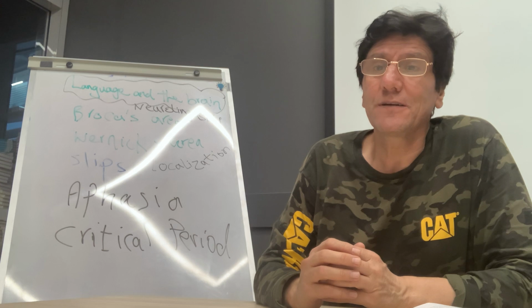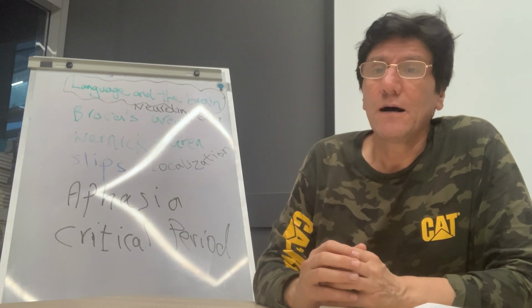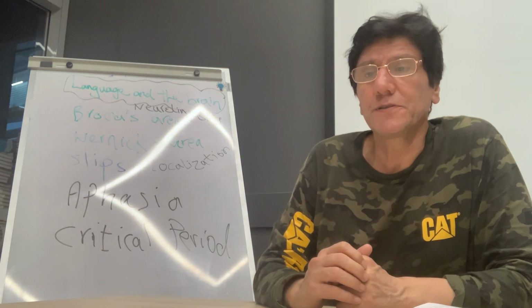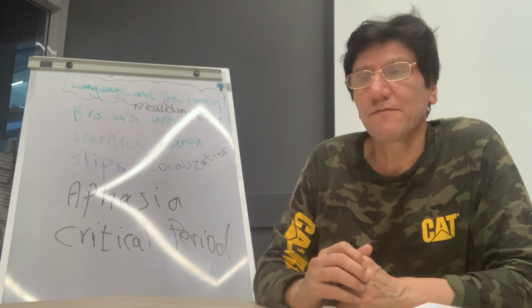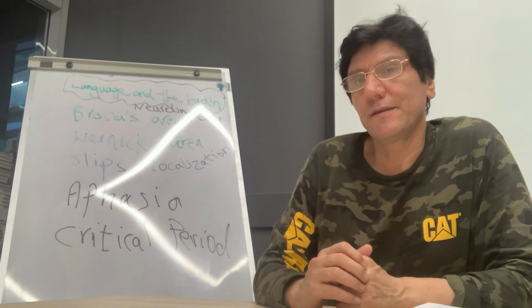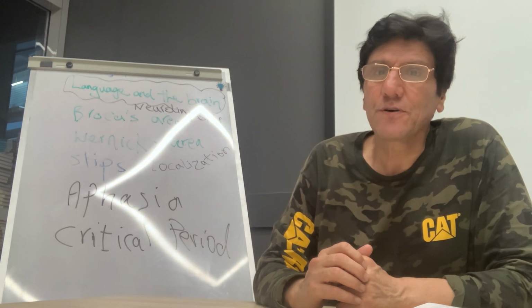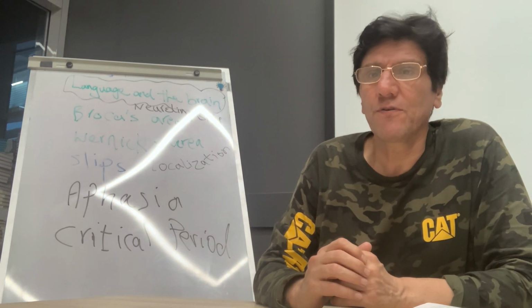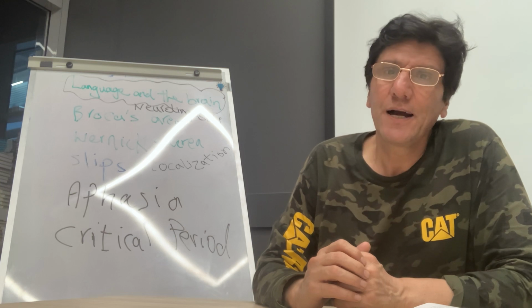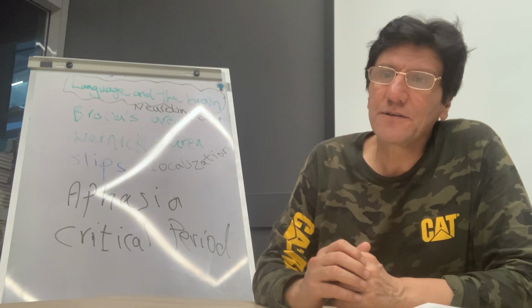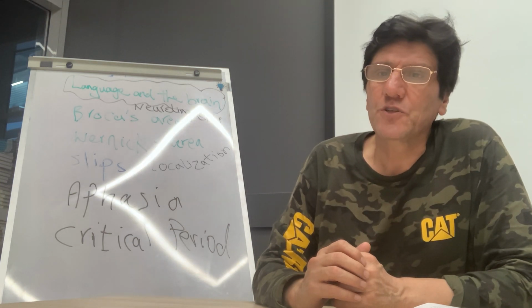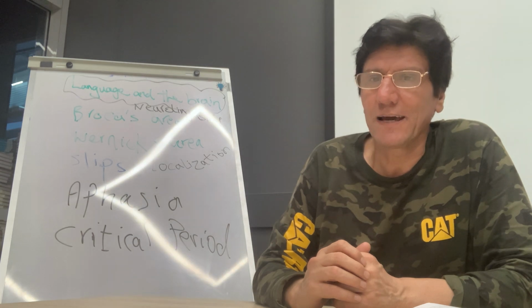So that's an interdisciplinary area elaborating on how the brain functions in the production and comprehension of language, and what areas of the brain are responsible for comprehension of language, and what areas of the brain are responsible for production of language.